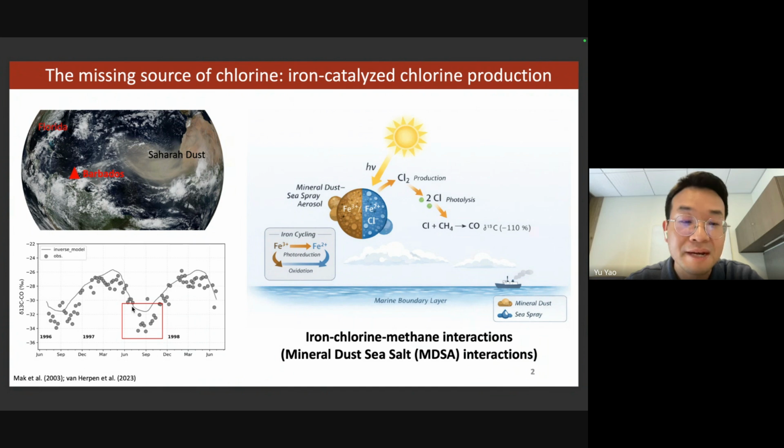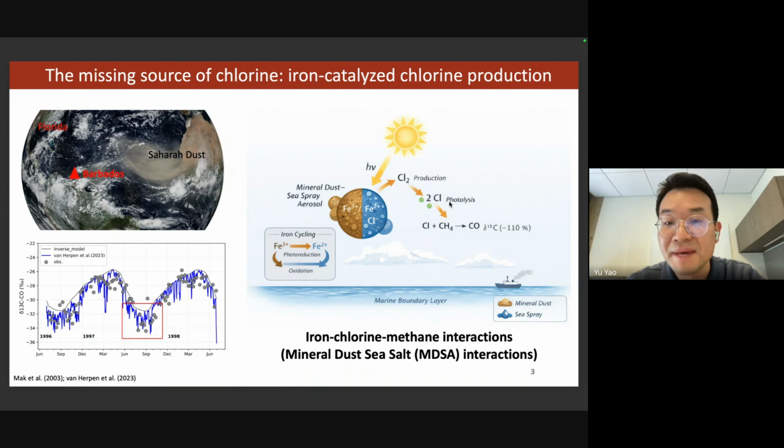The gray dots are the observations and the gray line is the inverse model result. They found the model could not capture this very depleted carbon-13 carbon monoxide in the fall season. And in 2023, they implemented mineral dust sea salt interactions that produce chlorine, which can help explain these very depleted carbon monoxide isotopic signatures.